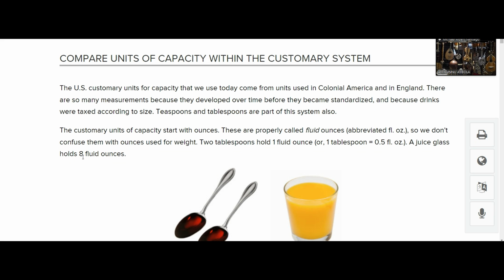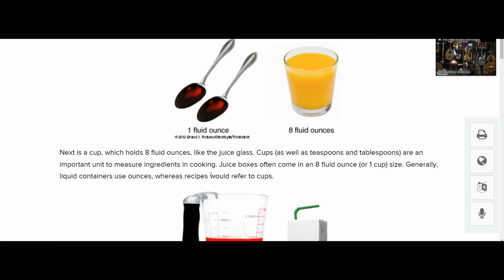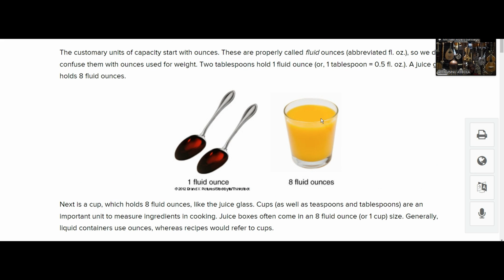Okay, take note of all of this information on the screen because you're going to need it to answer some questions when the time comes. 8 fluid ounces is in one cup. That's like a juice glass.